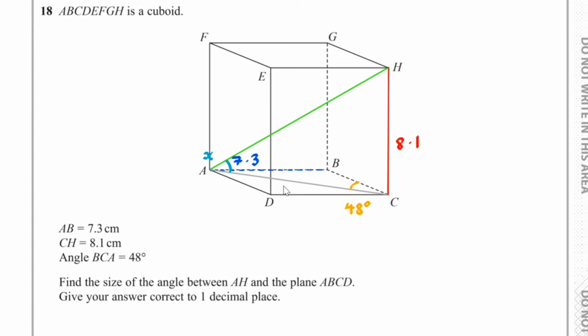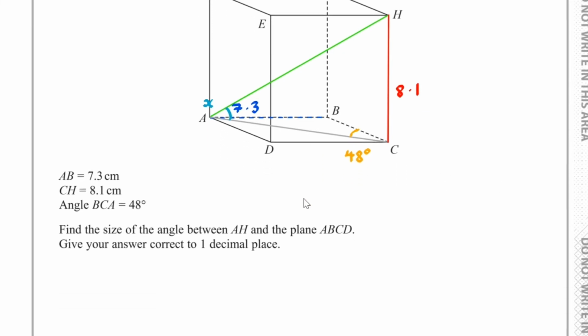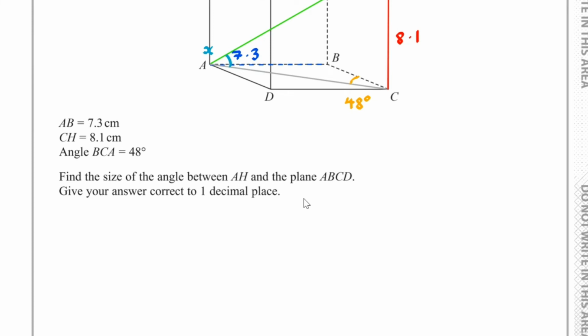So let's find out what AC is. If I draw that triangle, I've got the triangle ABC.